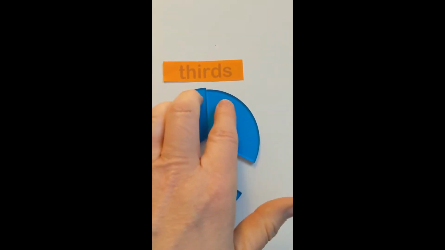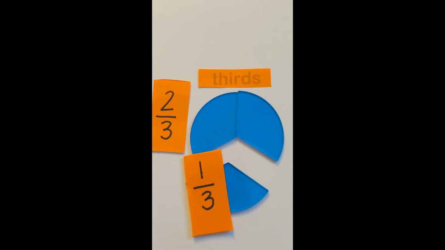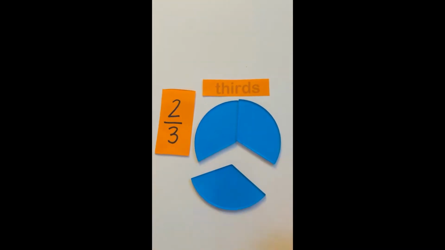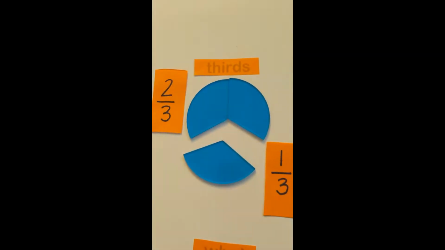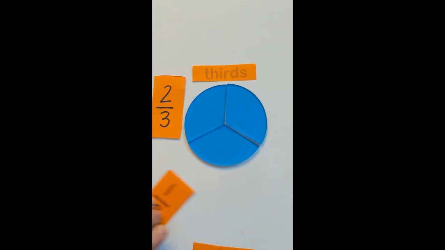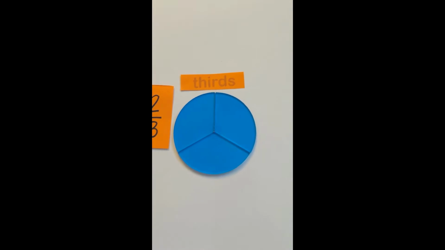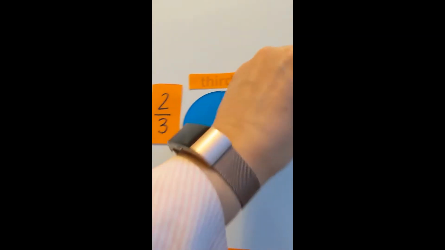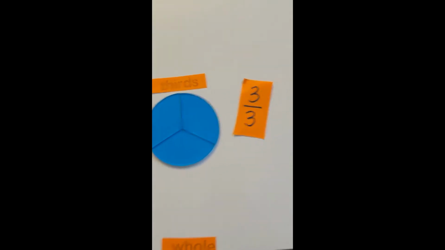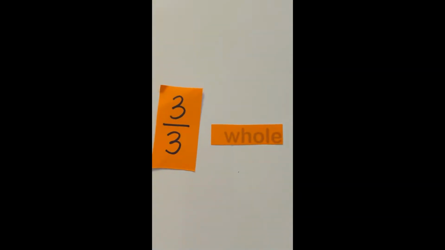What's left are 2 of those pieces. So I've got 2/3 on top and 1/3 on the bottom. If I include all of the pieces, so I've got this 1 plus these 2, that means I have all of the thirds, or 3/3. That is my whole circle.